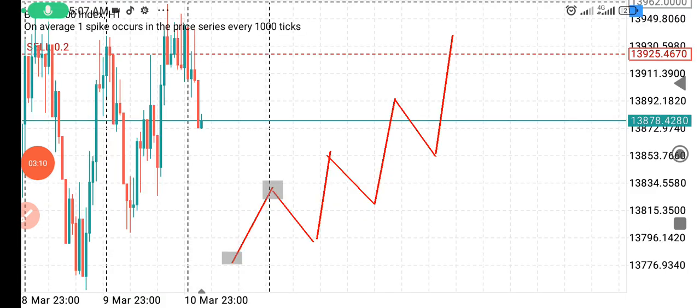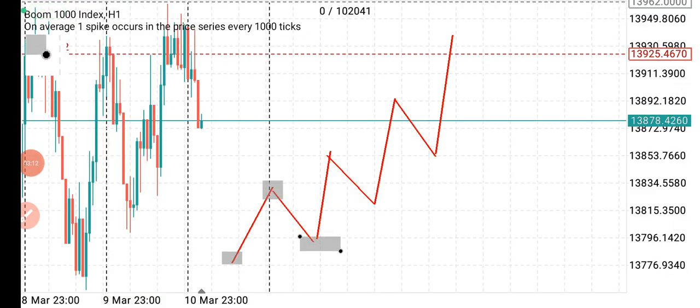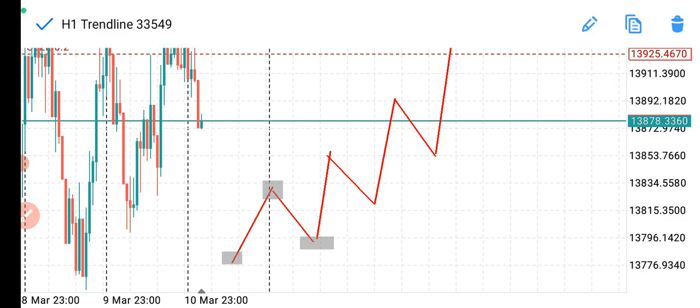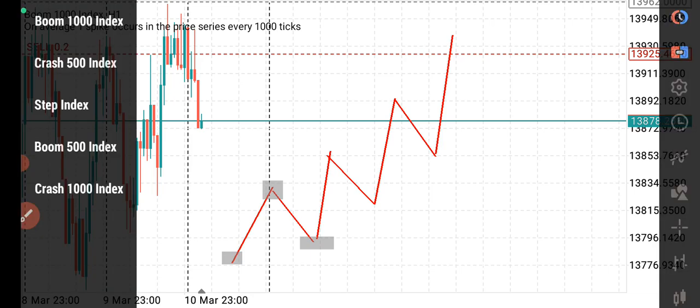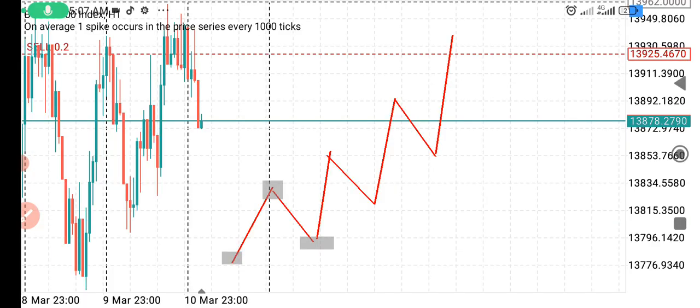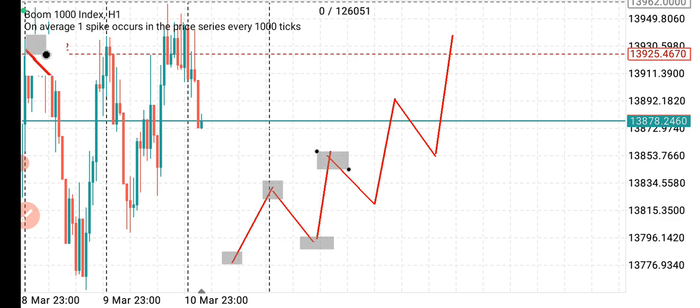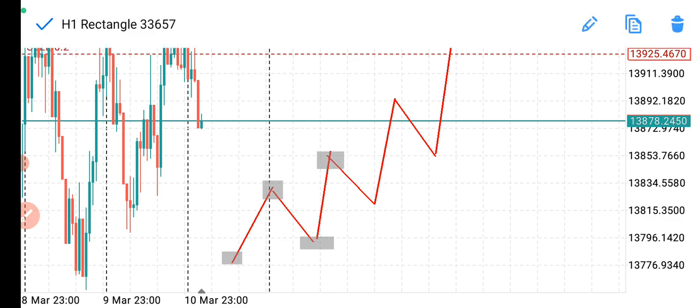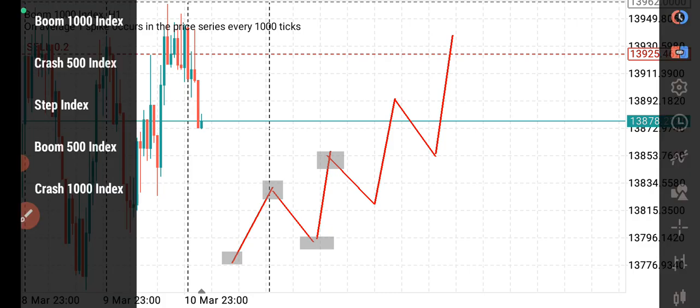What we are marking now are structural points.